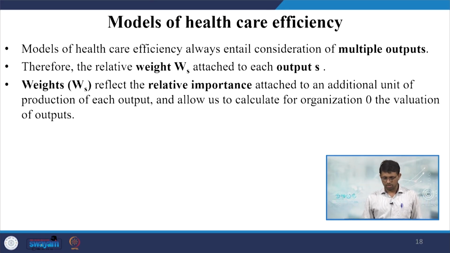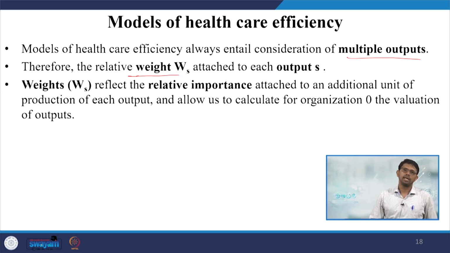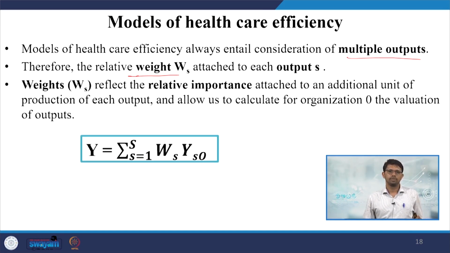So, since there are multiple possibilities of output, we have to carry the relative weights. Here it is Ws, and the weights are basically their relative importance so far as the additional output is concerned, and this is presented here. This is our output combined.